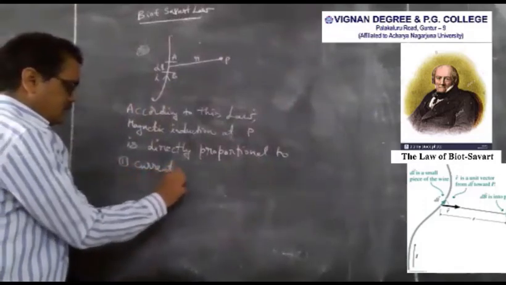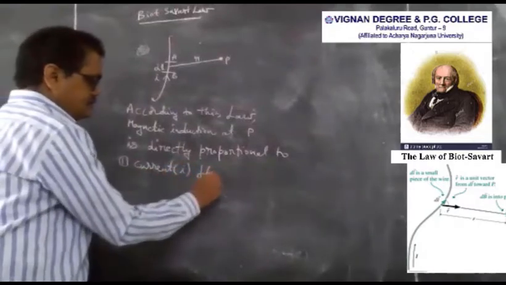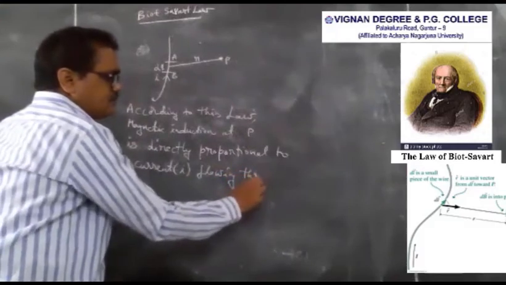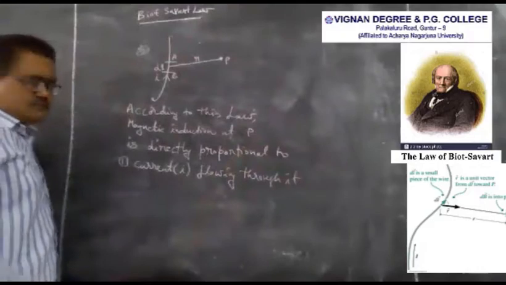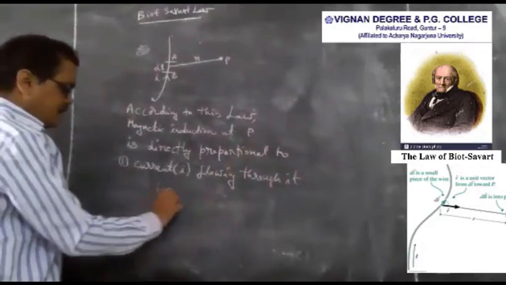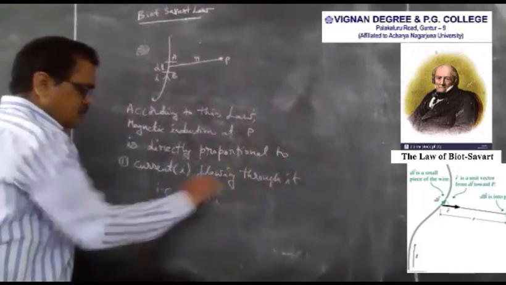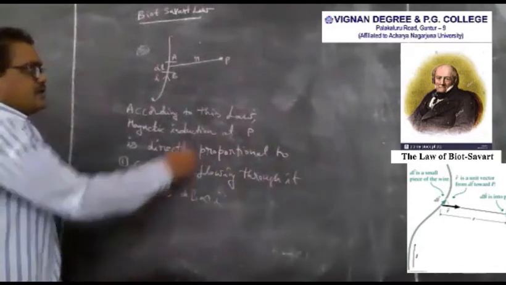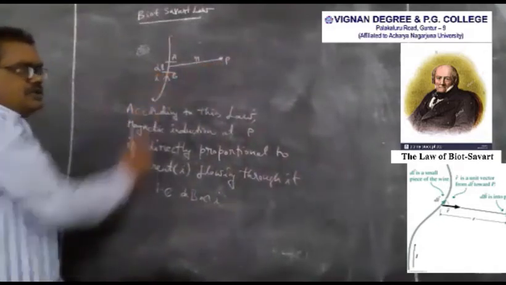Current I flowing through it. That is, we can write dB proportional to I. Here dB is the magnetic induction produced at point P due to this element.